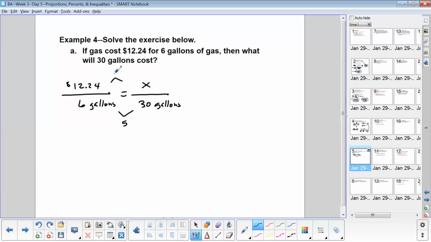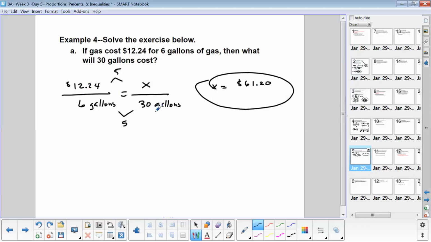So that means if I take $12.24 and multiply it by 5, then I'm going to get my numerator, or my dollar amount, which would be $61.20. So $61.20 divided by 30, and I'm going to get the same as if I said $12.24 divided by 6.